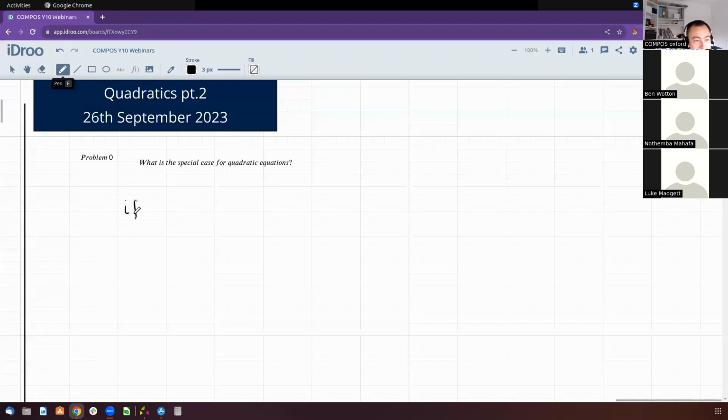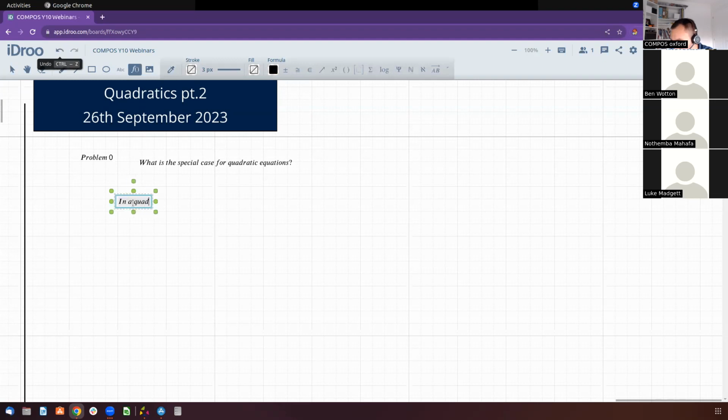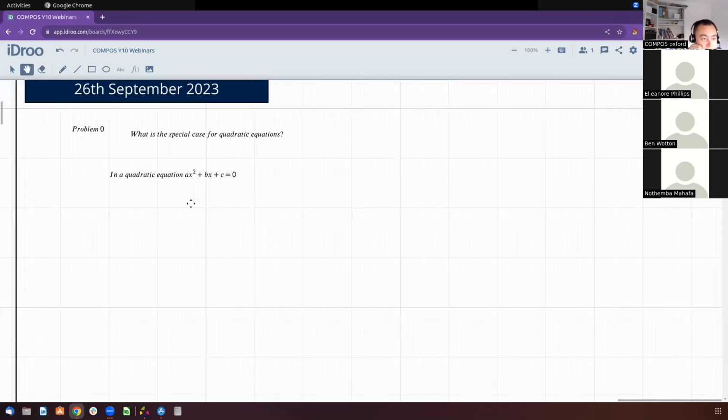Let's write a quadratic equation: ax squared plus bx plus c equals 0. I hope you won't argue that this is a quadratic equation.